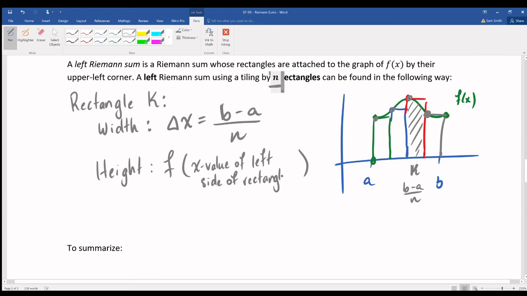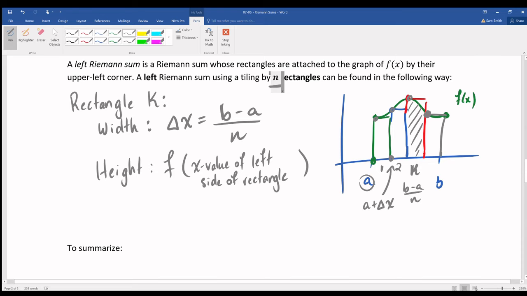So for example, if this is rectangle number 1, the x value on the left-hand side would be a. For rectangle number 2, the x value on the left-hand side would be a plus 1 width, 1 step in the x direction.